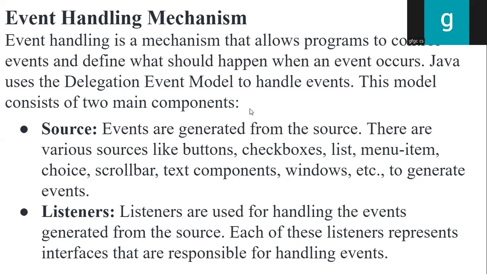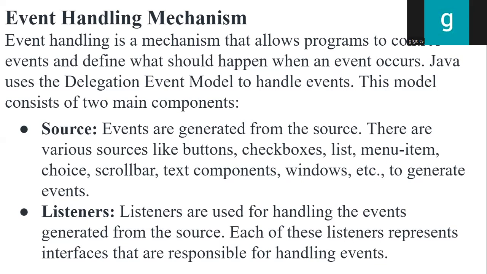Event handling mechanism. To handle this event, we have to follow one procedure. Whatever program we write in Java, we have to follow some procedure. For event handling also, while writing the program, we have to follow some mechanism. Those mechanisms are: we have to know the source, then listeners.